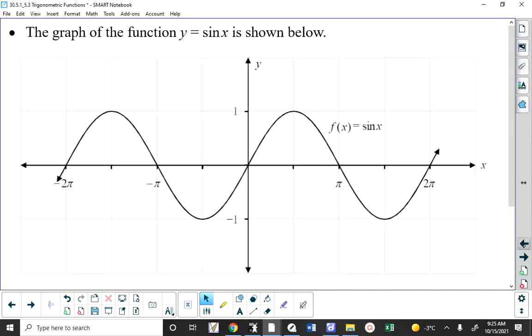And that's why this graph starts here, peaks at 1 when x is pi over 2, because that corresponds to the top of the unit circle. And then by the time we get to pi radians, we're on the left side of the unit circle where the y coordinate is 0.